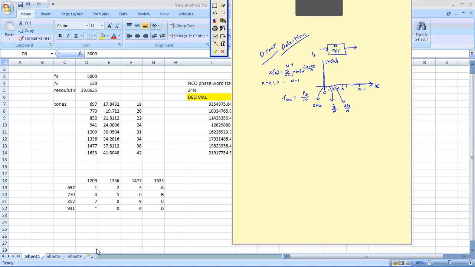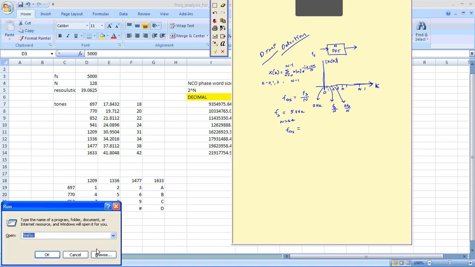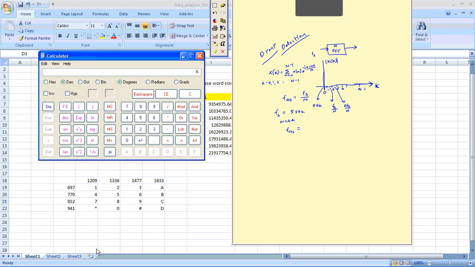Let's take an example so that we can easily understand. Fs is equal to, let us say, 5 kilohertz, and N is equal to 64. Your frequency resolution comes to 5000 divided by 64, so approximately 78 hertz. The first bin corresponds to 0.